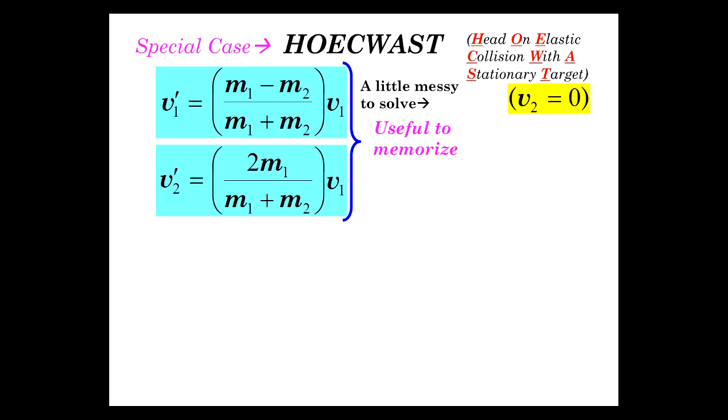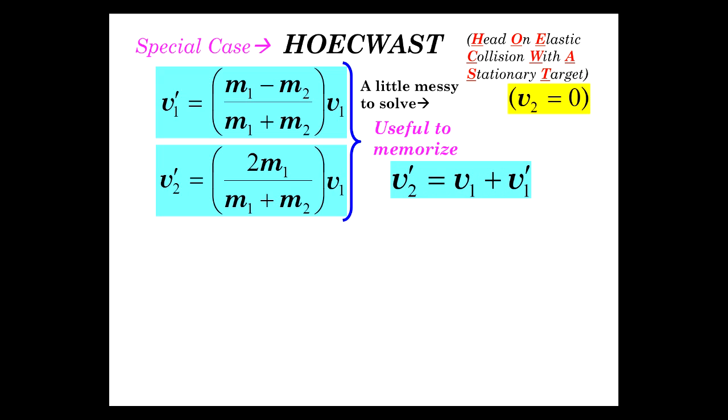It's not too hard because they're both directly proportional to V1, times the inverse total mass. The only difference is that V1 prime is the difference between masses, and V2 prime is twice mass 1. Well, it's easy to say that, but if you're like me, it's still hard to memorize. But you're not like me. You're a lot younger, probably, and your brains are much more adept at grabbing onto information like this and hanging on to it with ease. So you go for it.